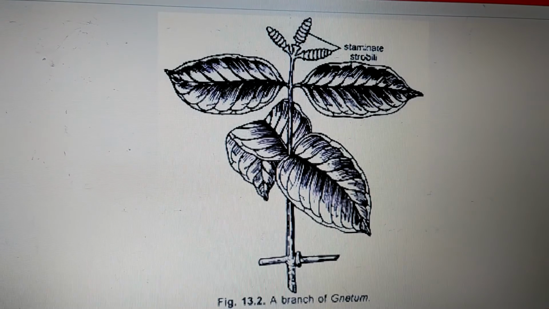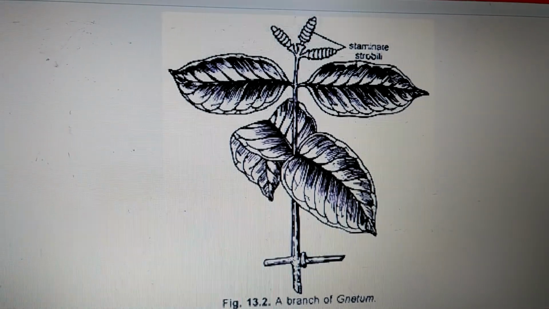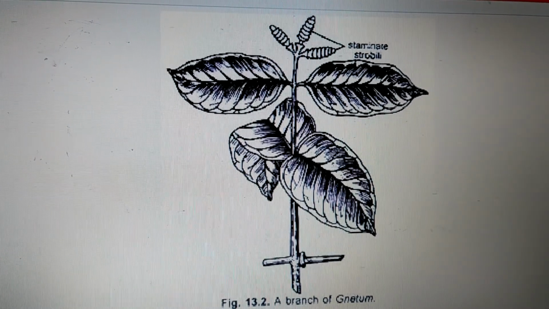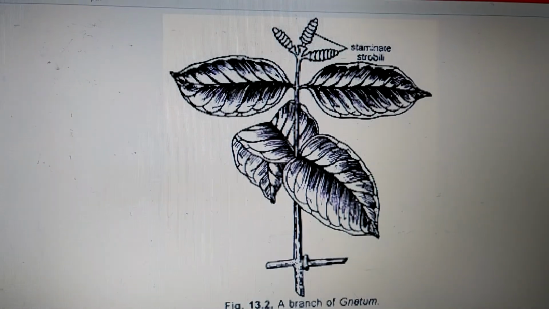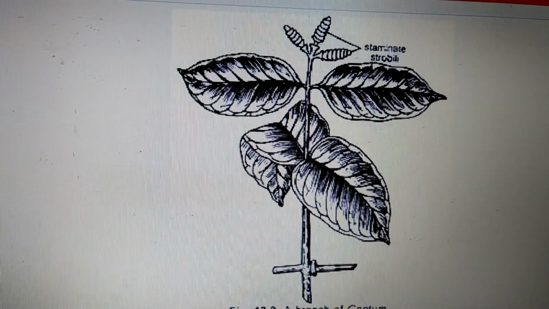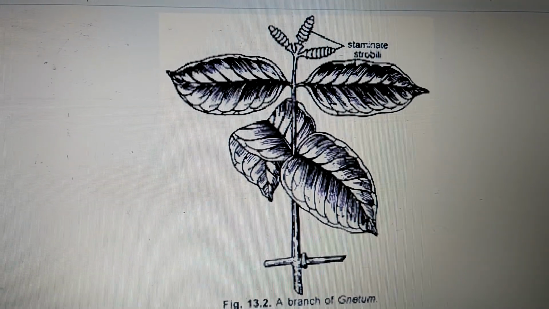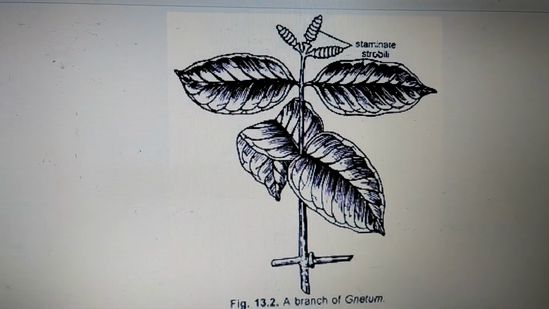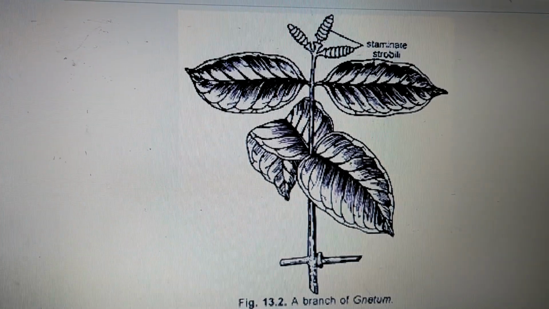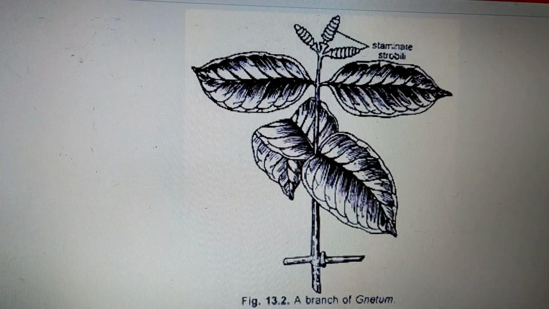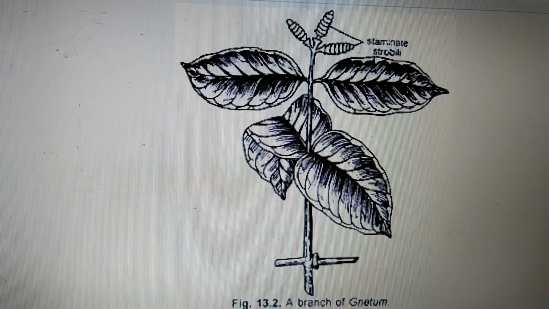We all know that there is a complete absence of xylem vessels in gymnosperms. The exception is Gnetum. In Gnetum we have the presence of xylem vessels, which is a characteristic of angiosperm. And speaking of the strobilae, that is the male and the female cones of the Gnetum, they resemble angiosperm much more.